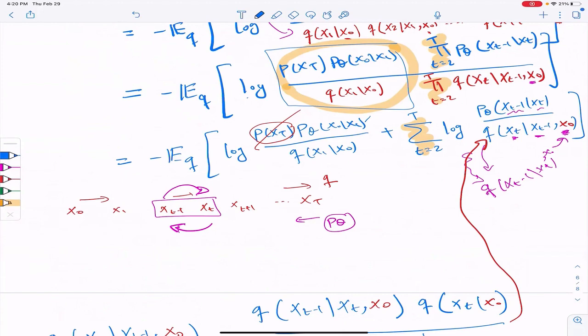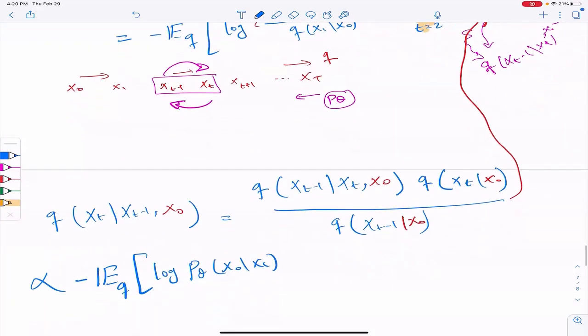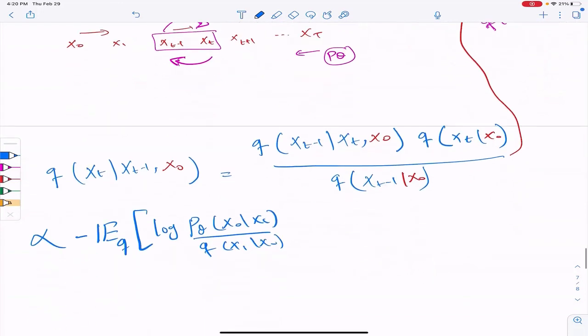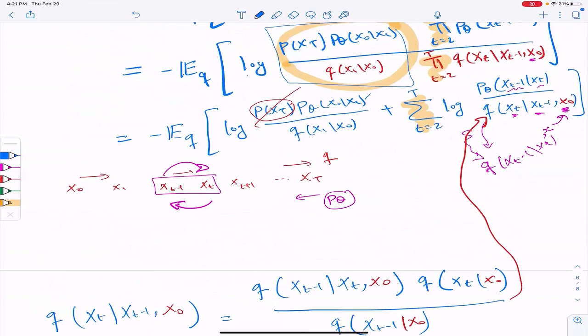That is the first term, divided by q of x1 given x0. Again, I can even break down this log of p theta minus log of q, and given x0, I have a good understanding of this distribution, so let's not worry about that. Ignore this term for now.